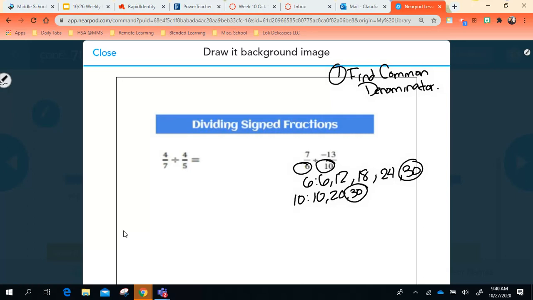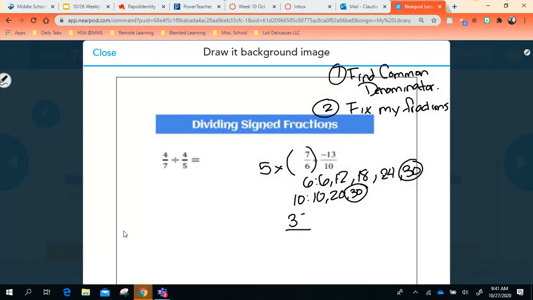So I'm going to go ahead and do my second step. I found my common denominator. Now I need to fix my fractions. I know it sounds silly, but sometimes we forget. So I'm going to go ahead and go 1, 2, 3, 4, 5. So I'm going to multiply this whole fraction by 5. So 7 times 5 gives me what? 35.